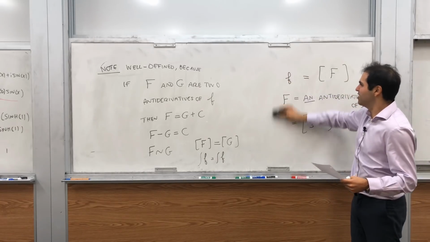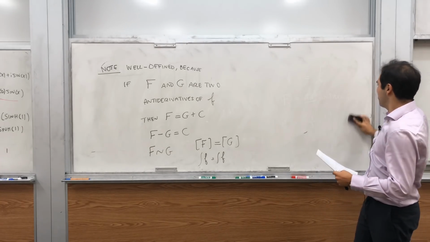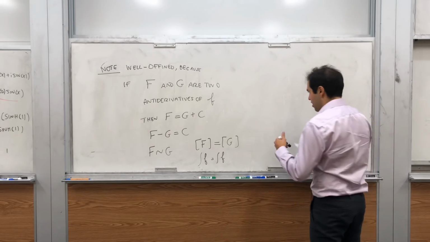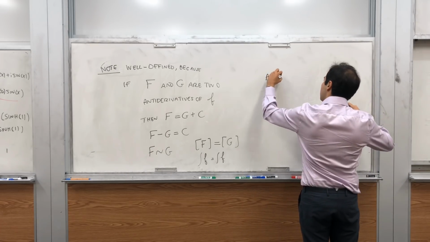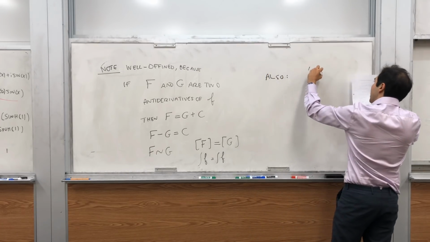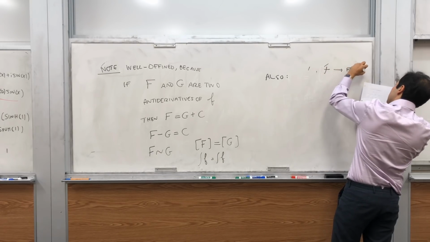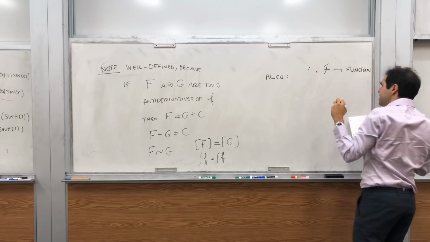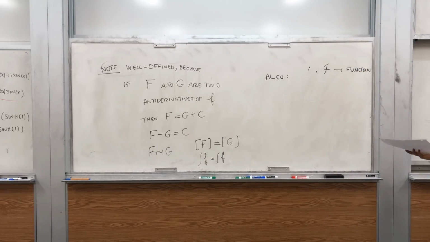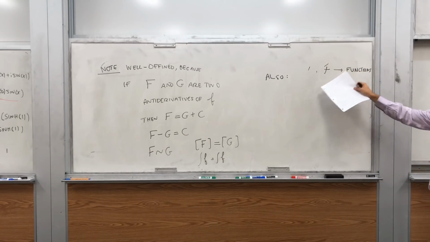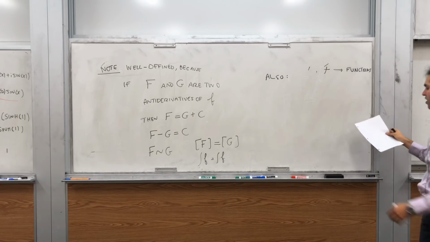Now we want to define a super derivative operation. Also, define prime from the countries to the functions. So you see, the integral went from functions to those countries. Prime goes from countries to those functions.